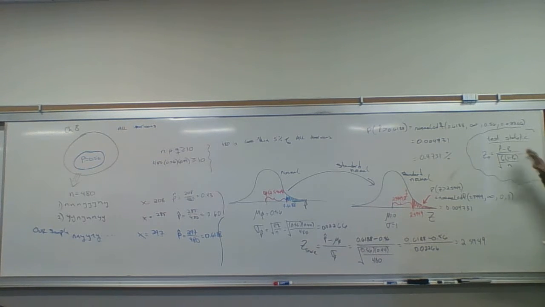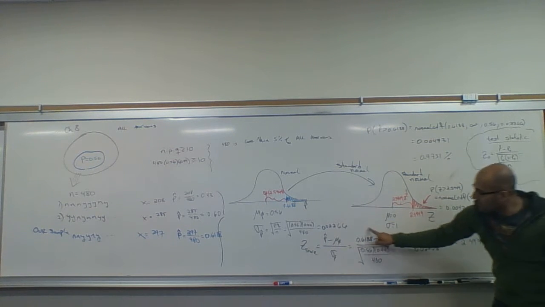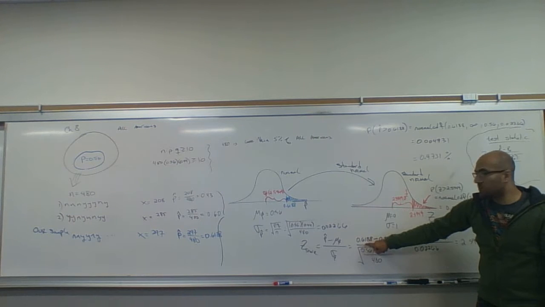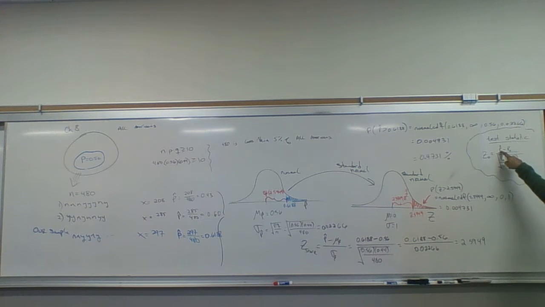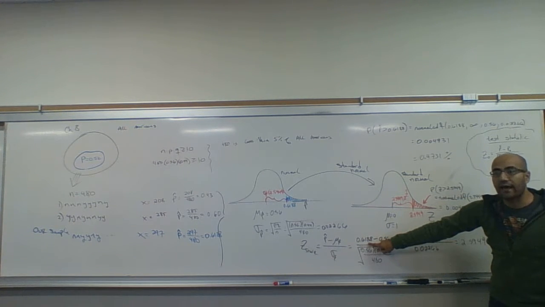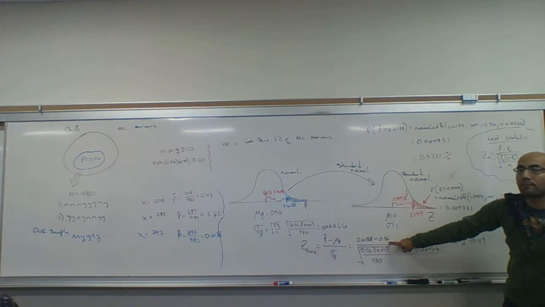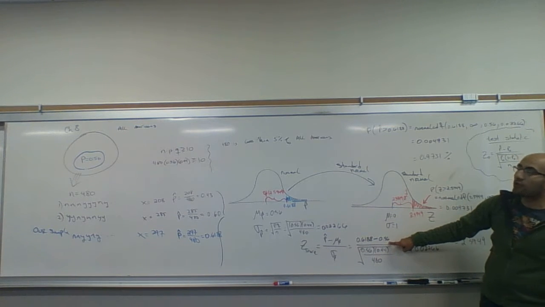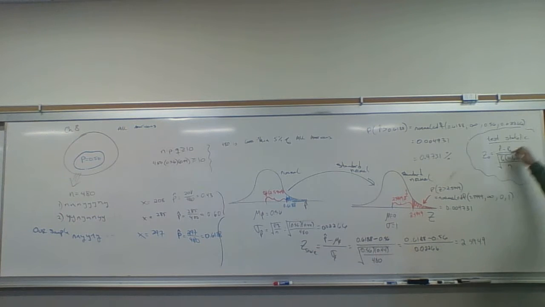I'll go back to the other board and show you what you actually have to write for this question. Hopefully this was helpful and you see where this formula comes from, because this formula is exactly this guy right here. It is P hat, our sample proportion. This is the population proportion under the null hypothesis, which we call P sub naught, indicating that it's from the null hypothesis.